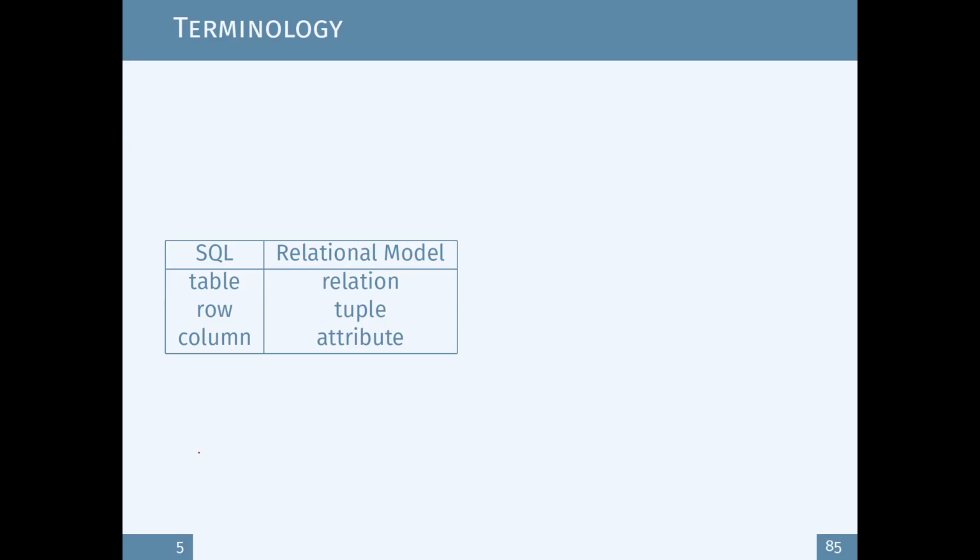For example, in the employee table, you might have 7 or 8 records. We call them rows. Then remember, we discussed attributes. Attributes become columns in SQL. We talk about different columns.